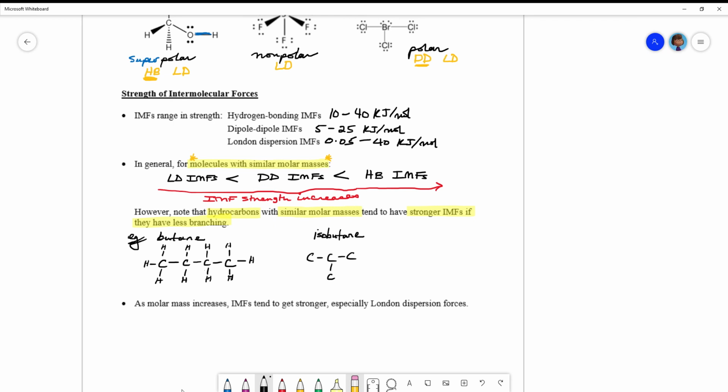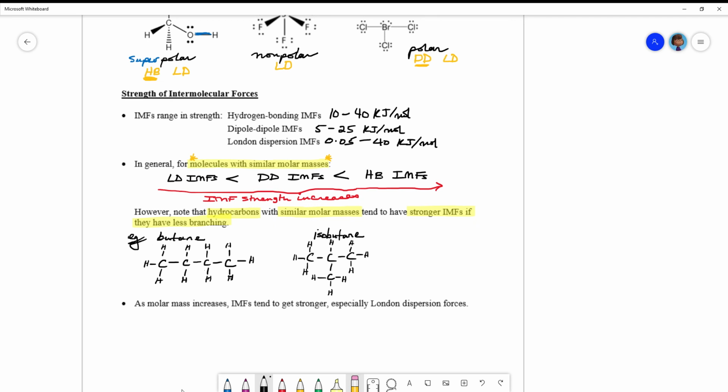This carbon has 3 hydrogens, 1, 2, 3. This carbon has 1 hydrogen. This one over here has 3 hydrogens, and this carbon down here has 3 hydrogens as well.